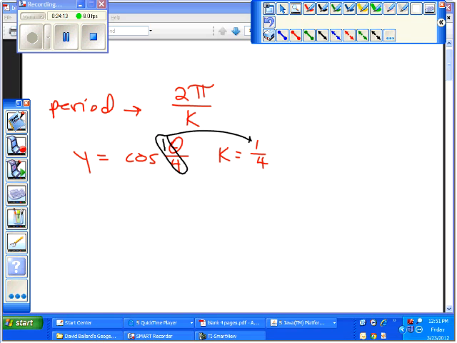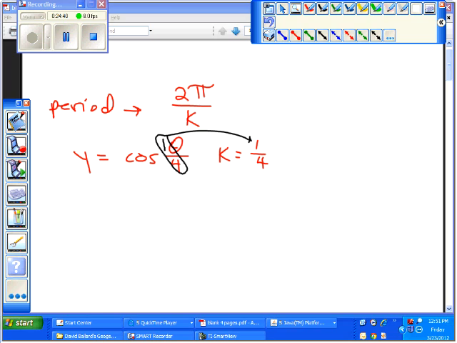It just kind of went ahead and said, okay, here's, in case you didn't notice, it's 1/4. Or maybe I wrote that in there and it wasn't on your paper. Did it give you k equal 1/4 on your paper? Oh, that was in my notes. That's why. Okay, so we gave you y equal cosine theta over 4. And we can identify then that the thing that got multiplied to theta is 1/4.